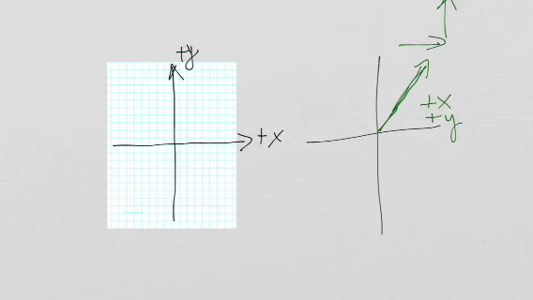But on a Cartesian plane, it's a little different. It doesn't matter where the vector is in terms of its quadrants. What you're looking at is the amount of grid lines or squares that the x and the y make up. If I have a vector in the second quadrant that leaves from the origin and points in this direction, I know that vector is going to have a negative x and a positive y.